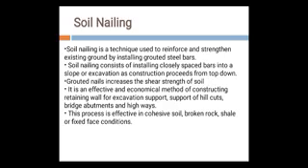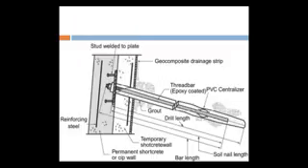Now what exactly is soil nailing? I have shown the figure. On the right side there is a soil backfill, an earthen cut. Inside that we provide a steel rod enveloped by grouting.